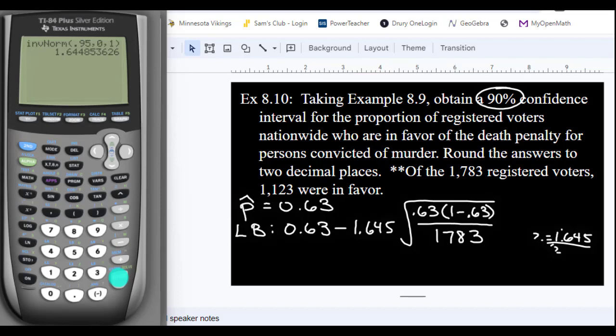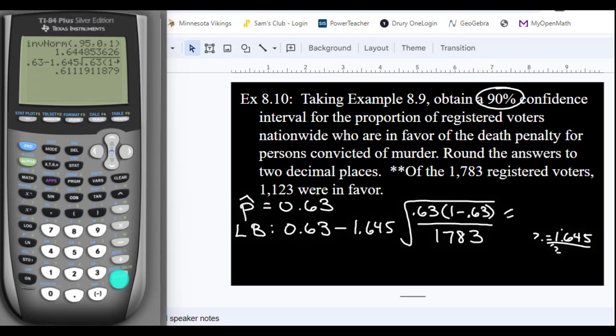So now I'm going to type this entire thing into the calculator, 0.63 minus 1.645, and then the square root of, and we're going to have 0.63, parentheses, 1 minus 0.63, close parentheses, and then we're going to divide by the 1,783. And that is our lower boundary.